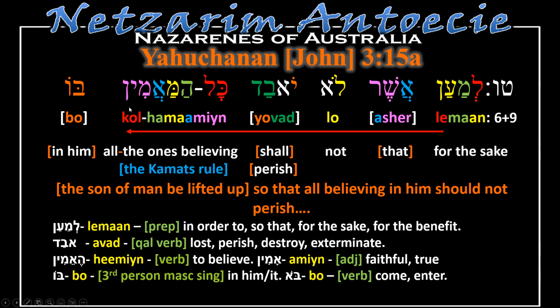Ha, ma'amin. All the ones believing. And then bo, in him. So I've given you down here the root for believing is he'emin. It's a verb to believe. And then we've got amin, which as an adjective means faithful and true. And I've given you bo, which is third person masculine singular, in him or in it. But I've also given you bo, which sounds the same, but it's different. It has no lamed.